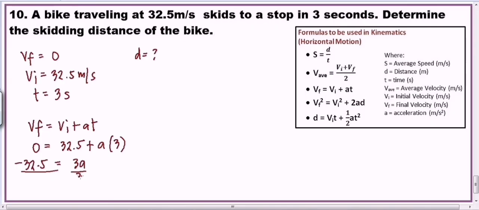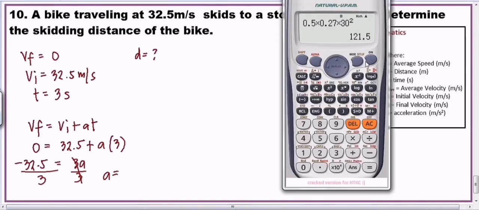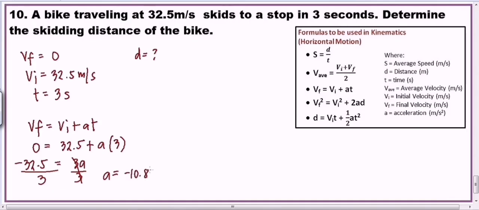So divide both sides by 3 to get the acceleration. So negative 32.5 divided by 3, that is negative 10.83 meter per second squared.